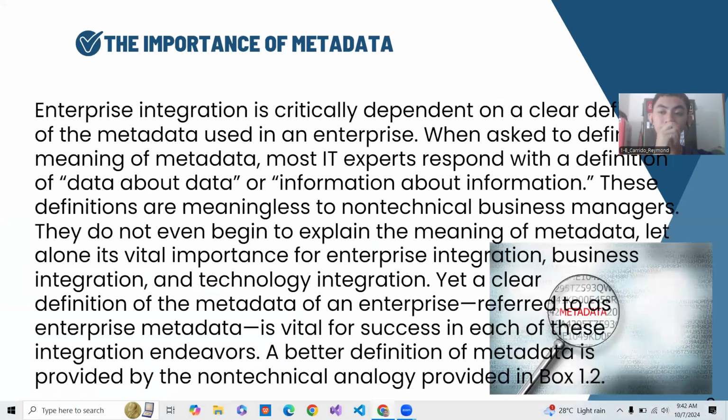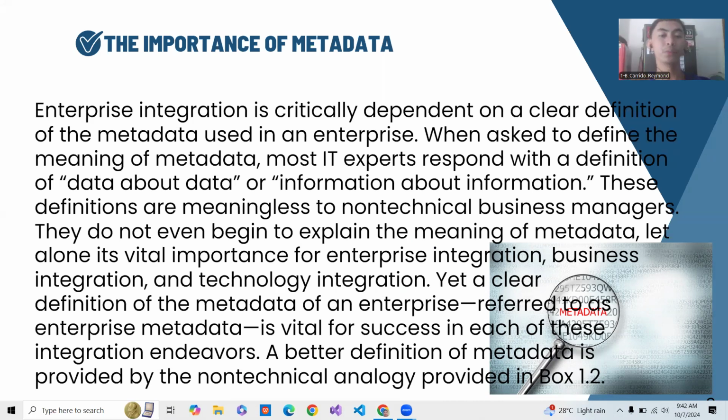So the importance of metadata. Enterprise integration is critically dependent on a clear definition of the metadata used in an enterprise. When asked to define the meaning of metadata, most IT experts respond with the definition of data about data or information about information.